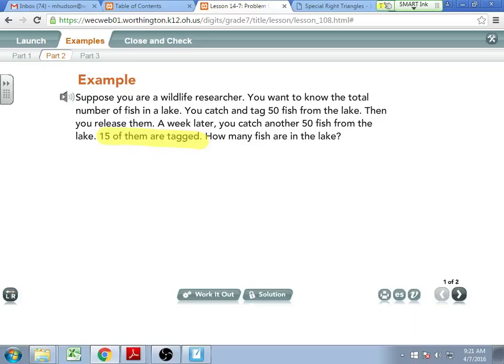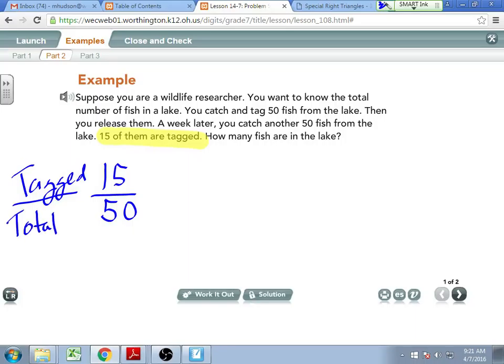What do you think? Anyone have any good ideas? Ethan? Put 15 over 50. So if I put 15 over 50, that would be the tagged fish over the total. How do I relate that to the total fish in the lake?